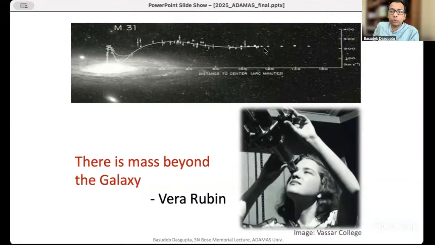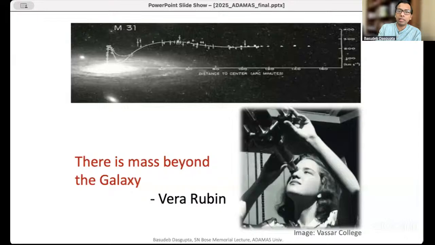Of course, nowadays we have hundreds and thousands of such measurements. And so we know that almost all galaxies have matter that extends far beyond the visible part of the galaxy. And then once you go even past the visible part, there are a few stars and they're rotating quite fast.